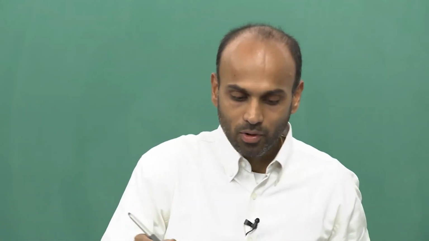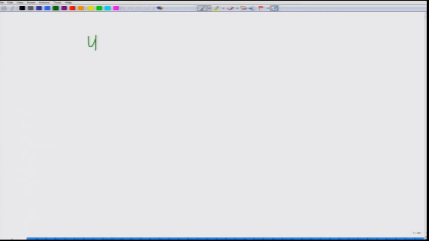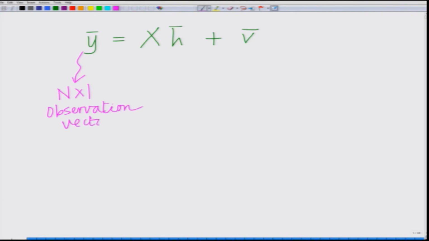Alright. So, the system model that we have considered is y bar equals X h bar plus v bar. Okay. This y bar is your N cross 1 observation vector, X is the N cross M pilot matrix.